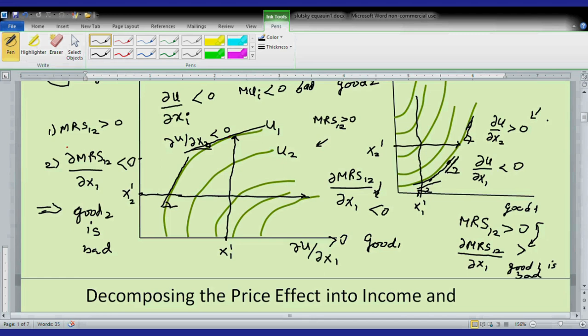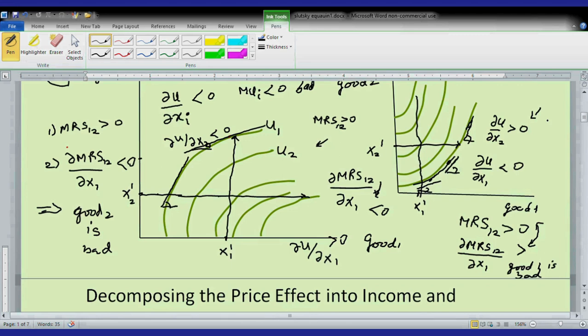The first thing to understand is that as the price of a good increases, its expensiveness relative to the other goods, especially the substitute goods, increases, or equivalently, its cheapness relative to the substitute good decreases. Side by side, an increase in price of a good decreases the purchasing power of the household.